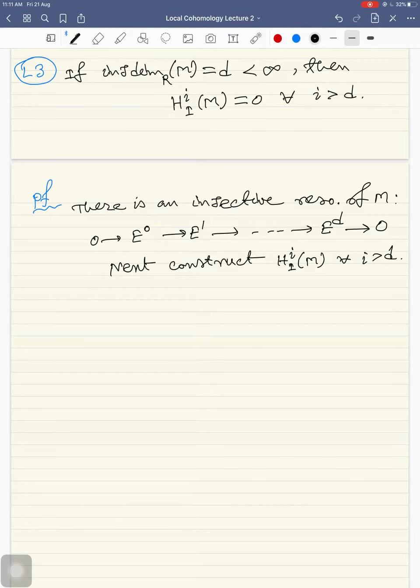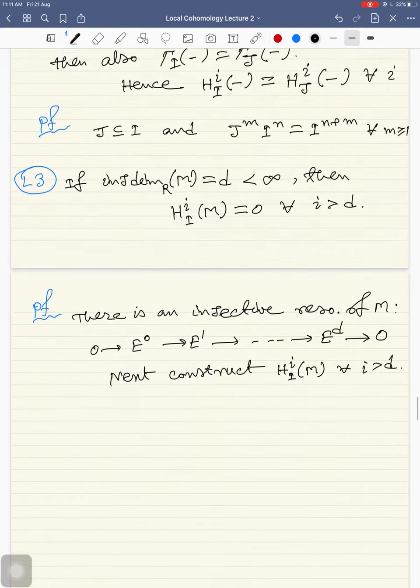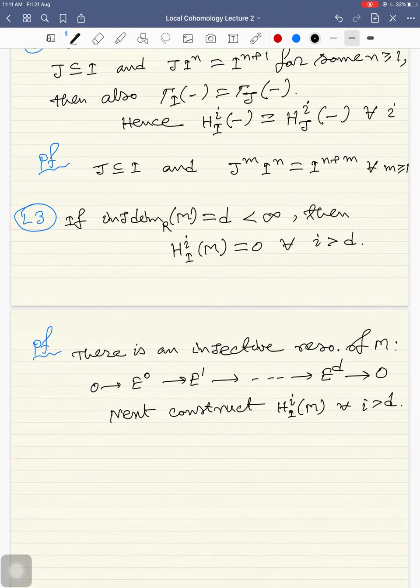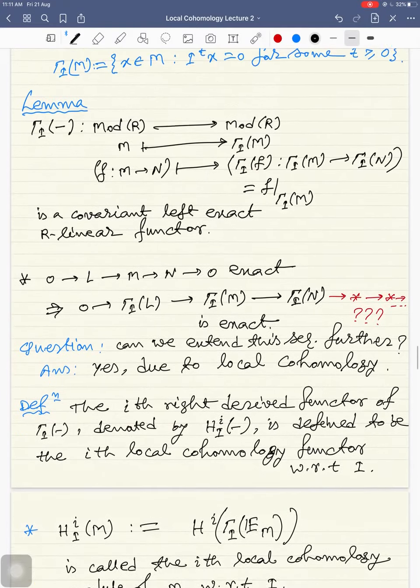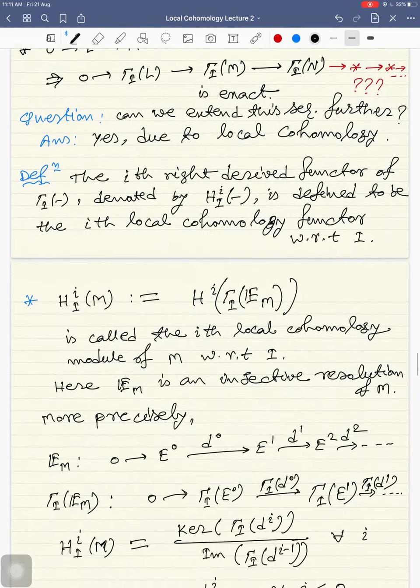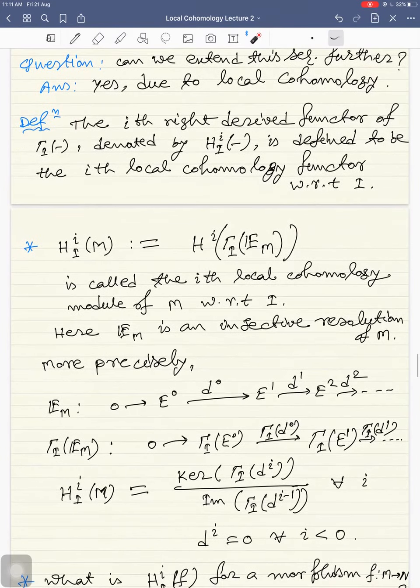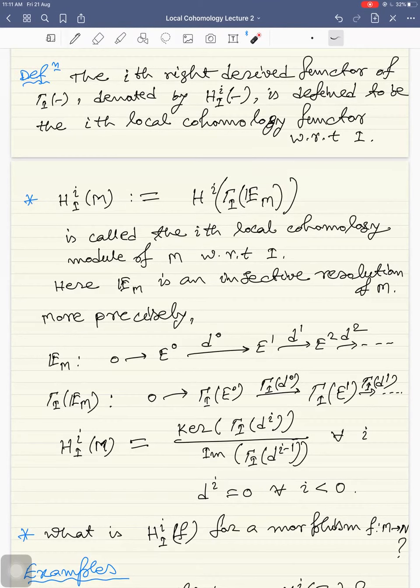So we have studied 3 properties of local cohomology, but now we should come back to this point, that we have defined our local cohomology module by considering an injective resolution. So we should prove that it is independent of the choice of this injective resolution.